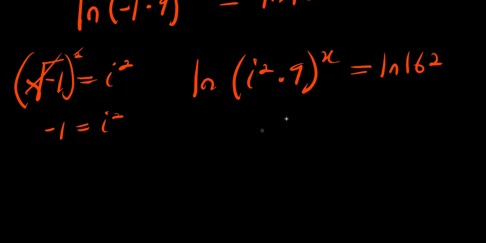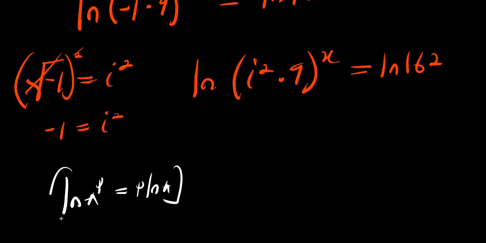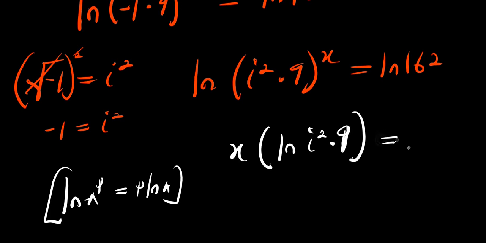So right now, I can apply some logarithm properties. If you have natural log a to the power p, this equals p times natural log a. So that means we have x times natural log of i to the power 2 times 9. Have you seen that? And this equals natural log 162.